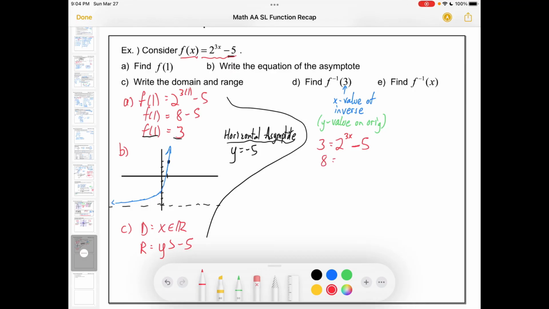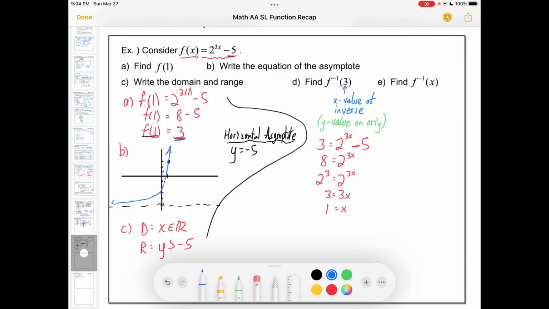Or 8 equals 2 to the 3x. I think a lot of people at this point will see that the answer is just 1. But we could keep going. We could say, that's 2 to the 3 equals 2 to the 3x. Drop our bases. x is 1. We actually already knew what the x value is when y is 3, right over here.